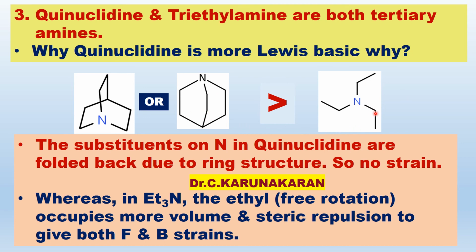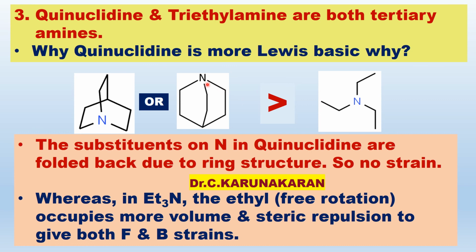This is triethylamine, a tertiary amine. There are 3 alkyl groups connected to nitrogen, 3 ethyl groups, so it is a tertiary amine. Here also there are 3 alkyl groups, so it is a tertiary amine. Here the substituents on nitrogen are folded back due to the ring structure.